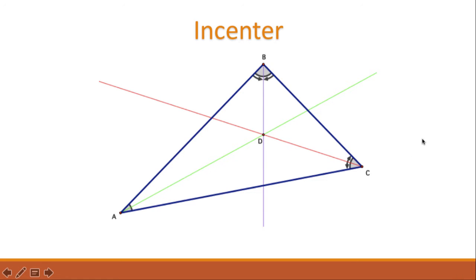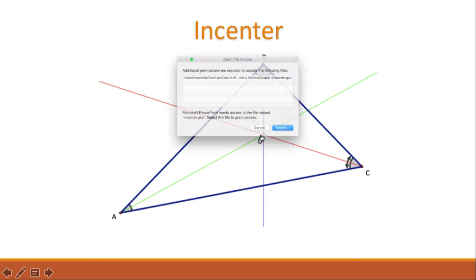When three angle bisectors of a triangle intersect, they all intersect in one point called the incenter. The incenter is equidistant from all three sides of the triangle.